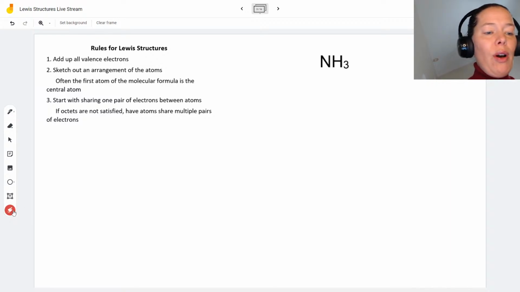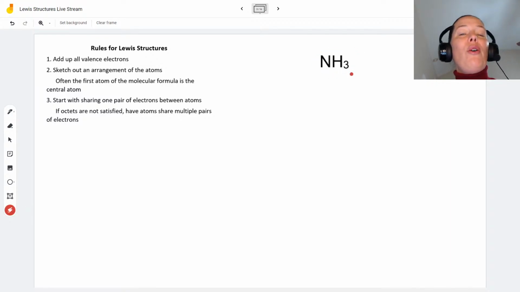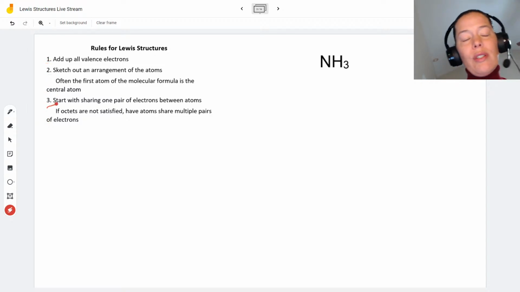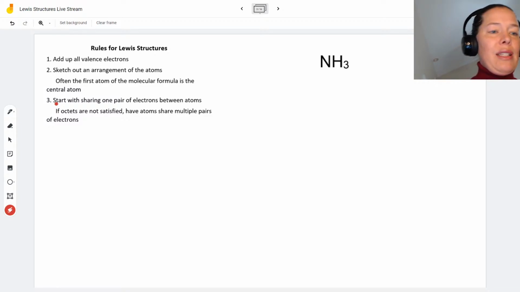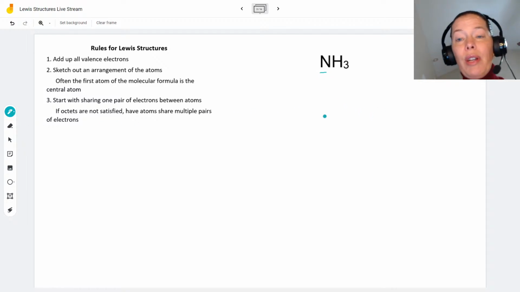Okay, so our next Lewis structure is going to be NH3. This is also known as ammonia. We are going to follow the same set of rules. I'm just going to keep them up again for all of the problems. So my first step is to add up all the valence electrons. So nitrogen, I only have one of these nitrogens.